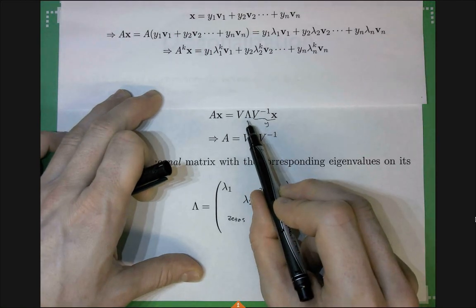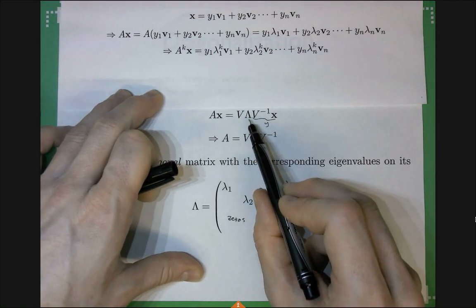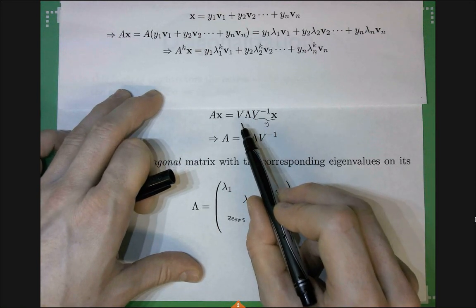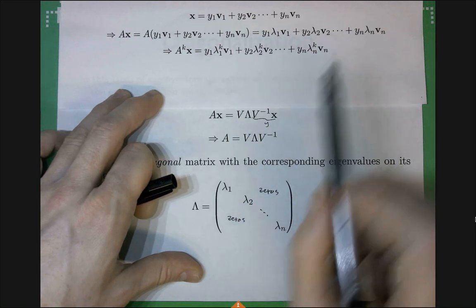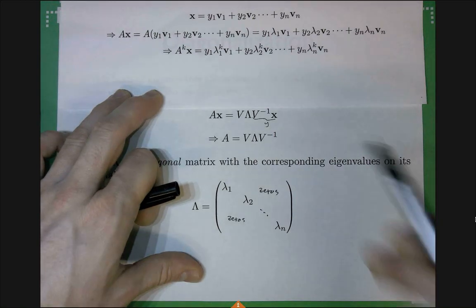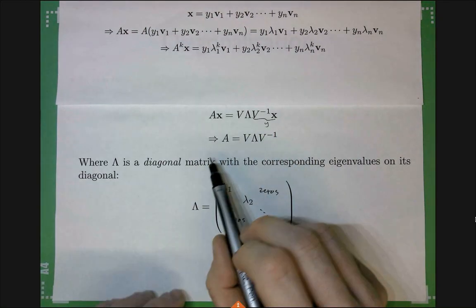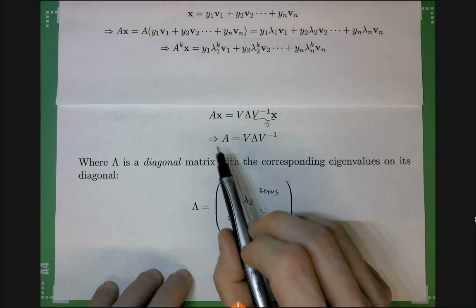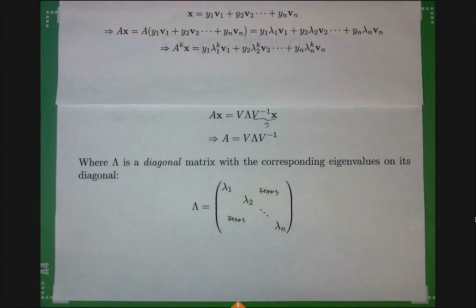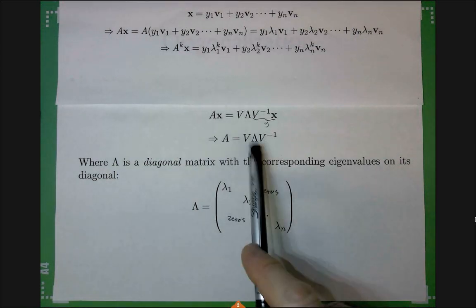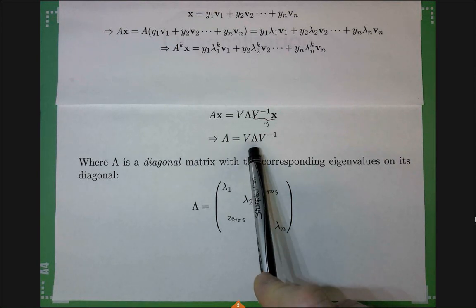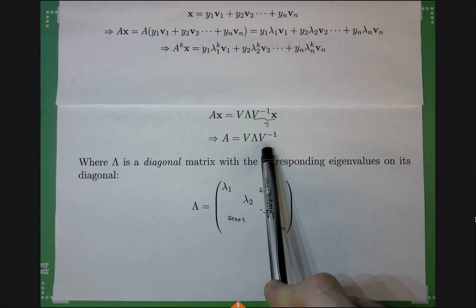This means scaling every single coordinate by its corresponding eigenvalue, and then this is multiplied again by the v's to go back. So what this says is that if we assume, for example, that A has n unique eigenvalues, then I can write the matrix in this form: some invertible matrix V, a diagonal matrix lambda, and the inverse of V.